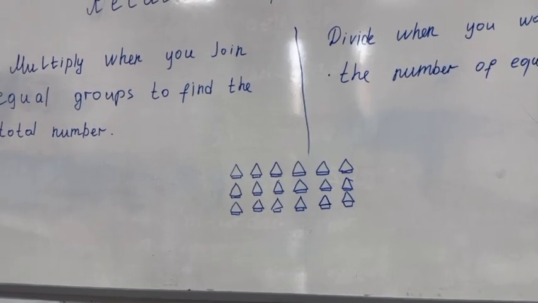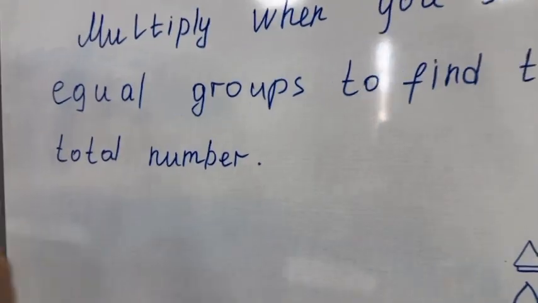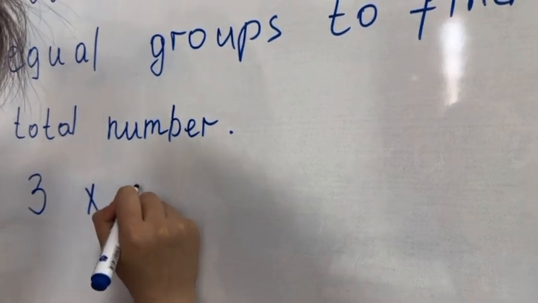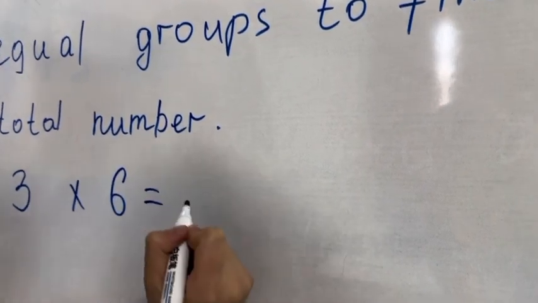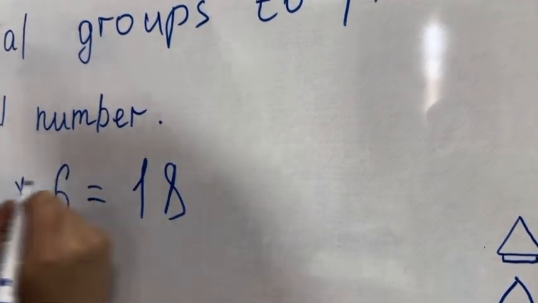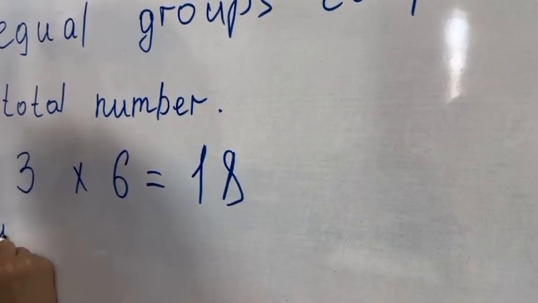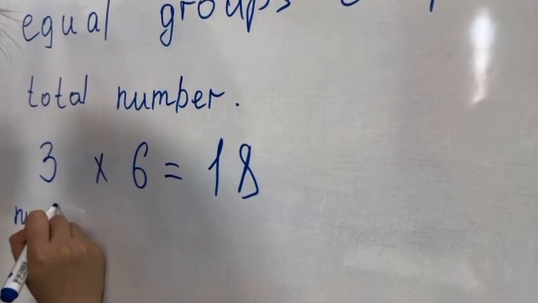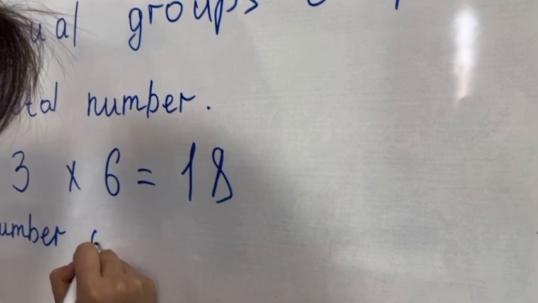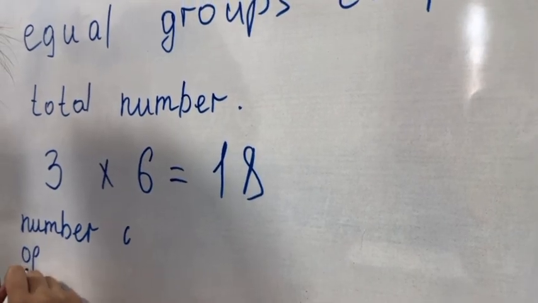For example, if we have 3 baskets with 6 apples in each, we find the total using multiplication. And 3 is number of groups.